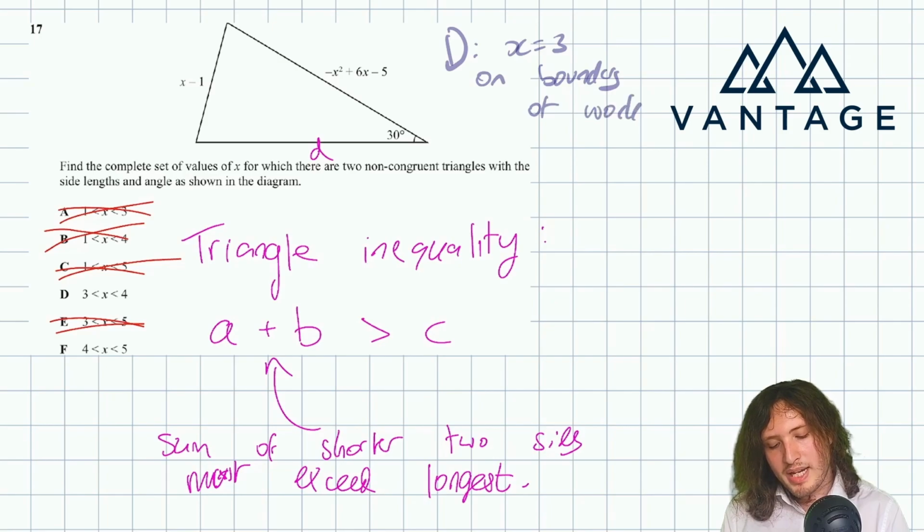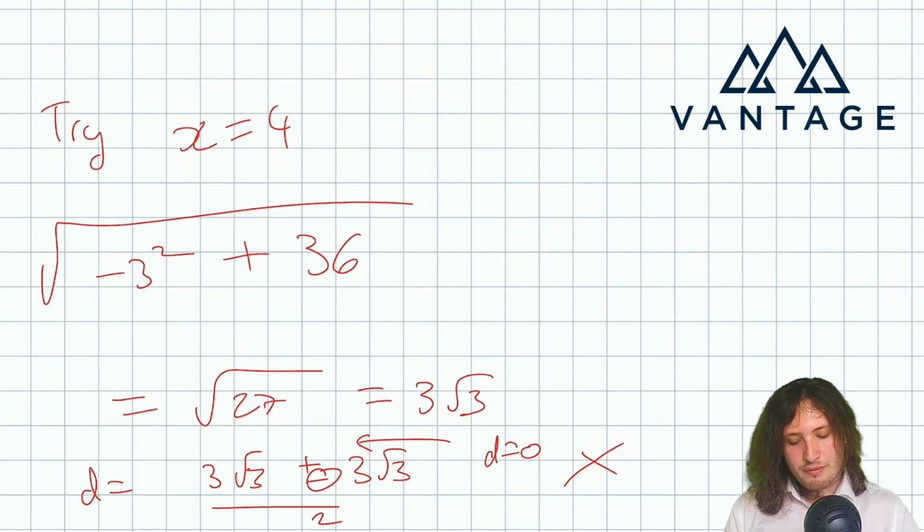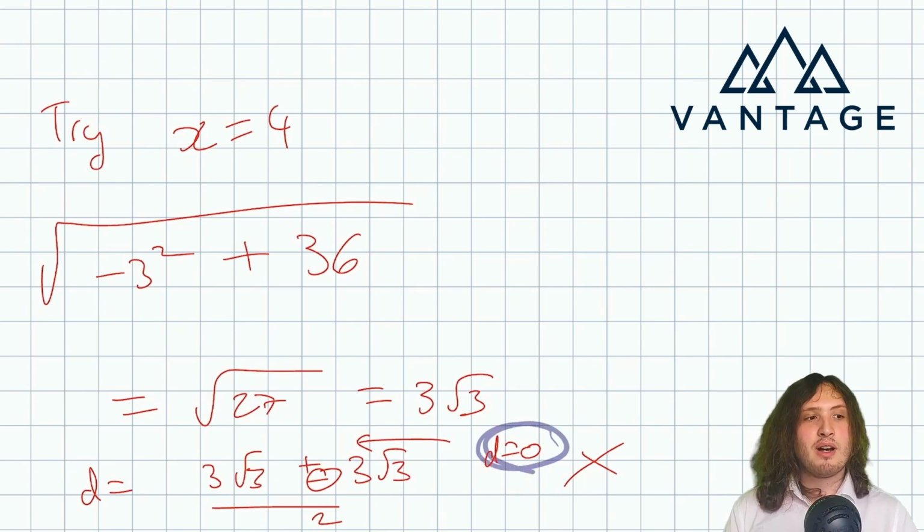Now, actually, we just saw that a minute ago. So we saw that for x equals 4, we got one of our values for d was 0. That's right on the boundary of working because presumably if I vary x by a tiny bit away from 4, this d equals 0 would become a tiny positive value. So having d equals 0 is one way that we can be right on the cusp of having an extra value that works.